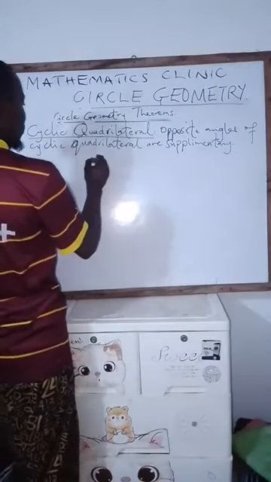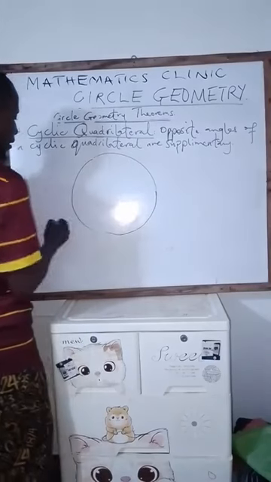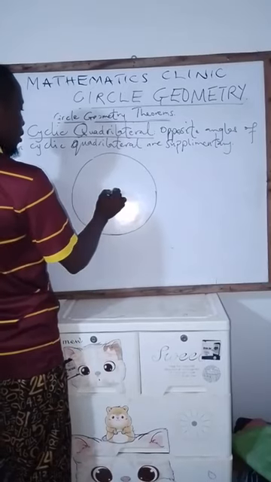Meaning, if I have a cyclic quadrilateral this way, here is the center.